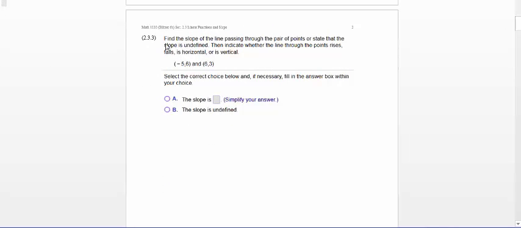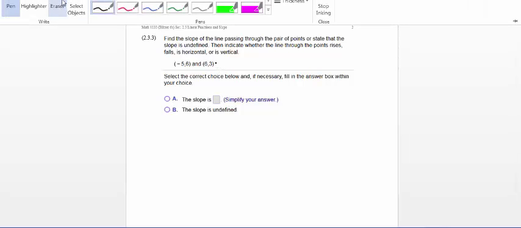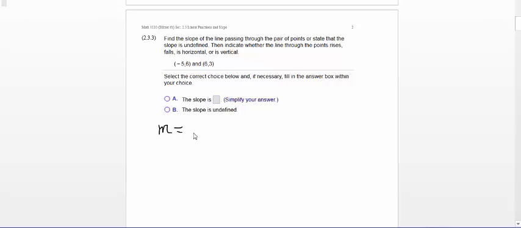One thing you'll be asked to do is to find the slope of the line that passes through a pair of points. And then state whether the line through the points rises, falls, is horizontal, or is vertical. Also, you'll have the option to determine if the slope is undefined, if that should wind up being the case.